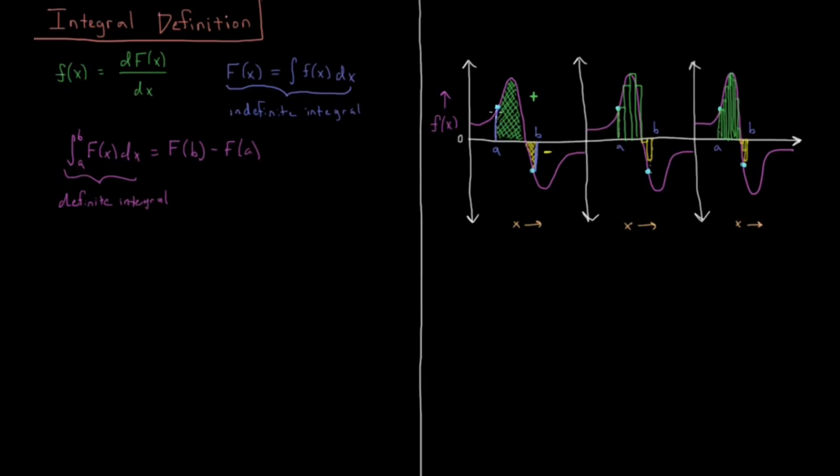So from the f of x to the x-axis, the x-axis is below f of x here, so all this area under here is positive area, which is adding to whatever the value of this definite integral is. And then on the negative side here, f of x is below the x-axis, so it's contributing negative area to the sign here. So this area is going to subtract from this area.